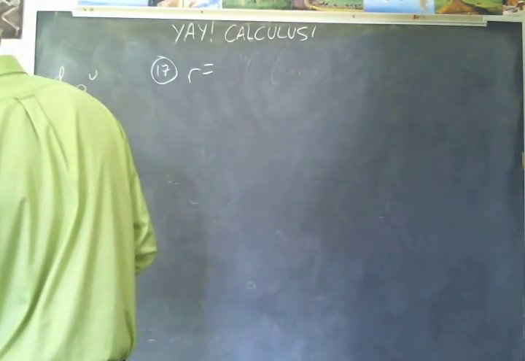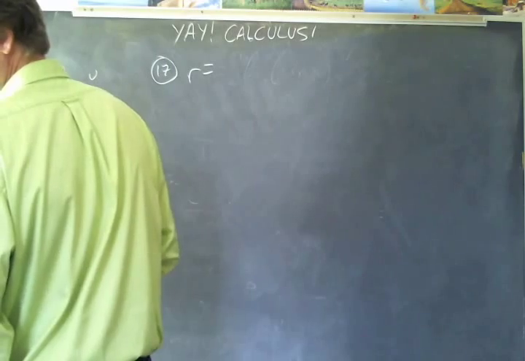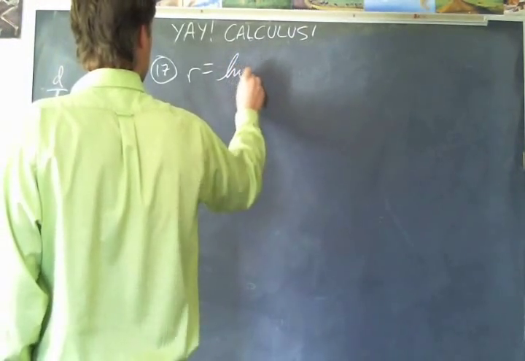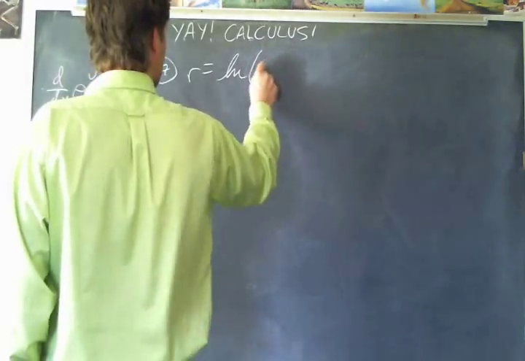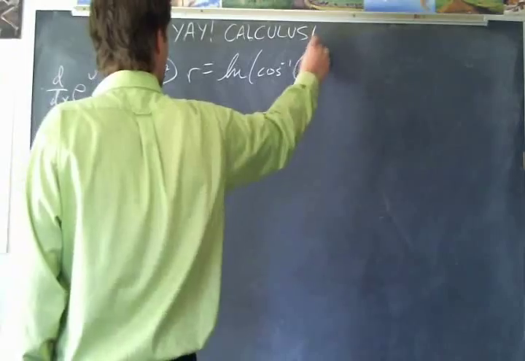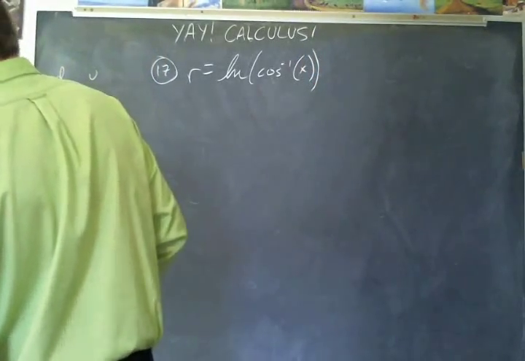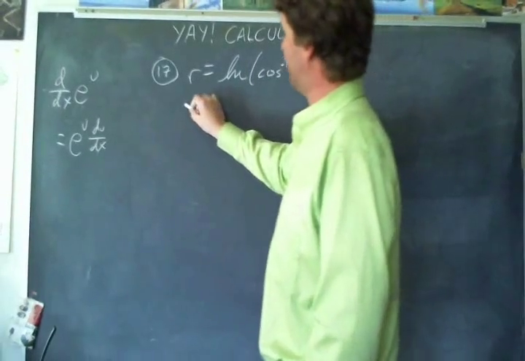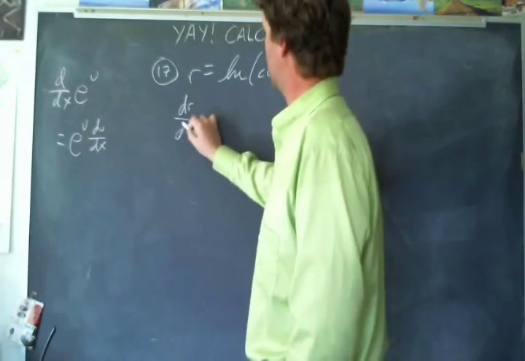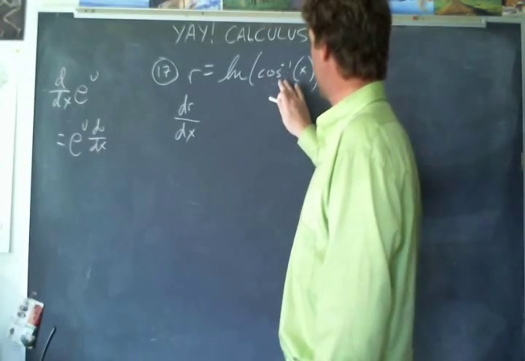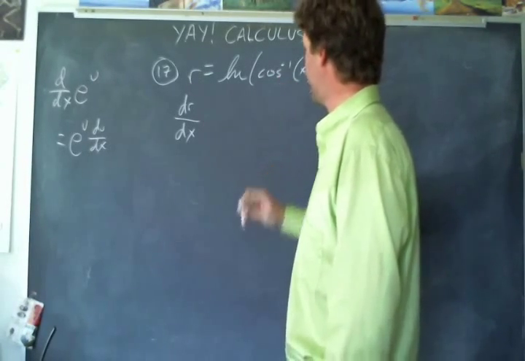r and x, natural log of the inverse cosine of x. We take the derivative of r with respect to x. So we'll have the derivative of the top over the top.